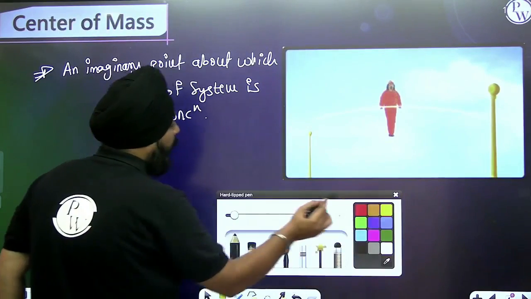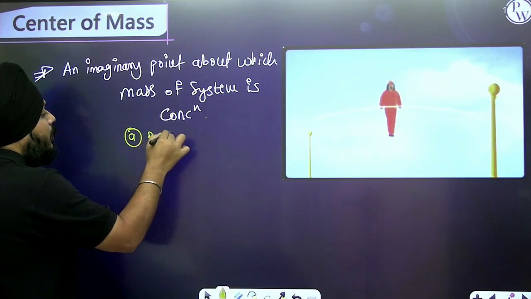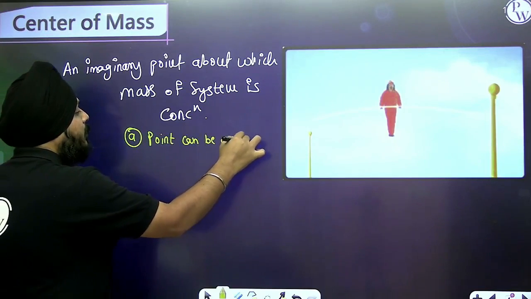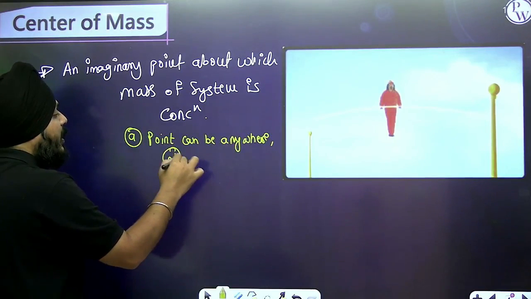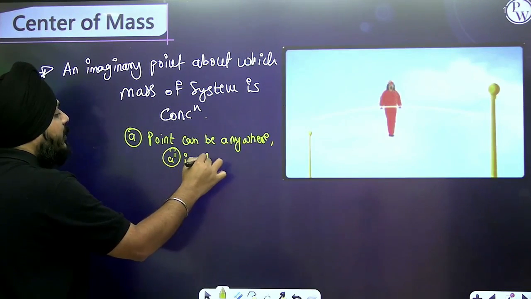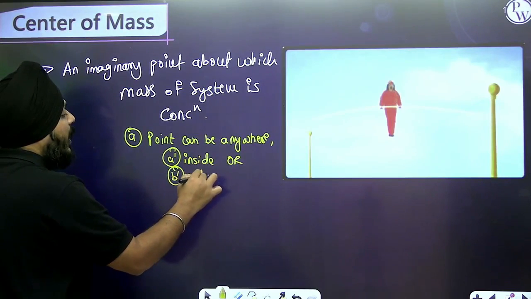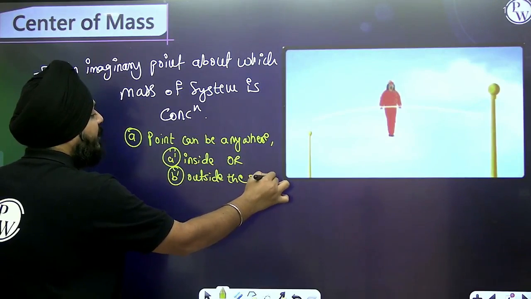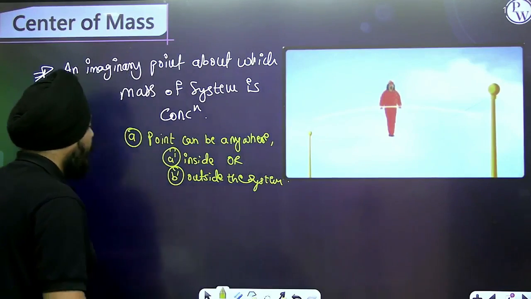This point can be anywhere, inside or outside the system. It can be inside the system, it can be outside the system.